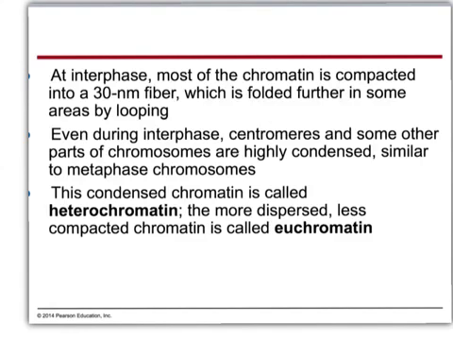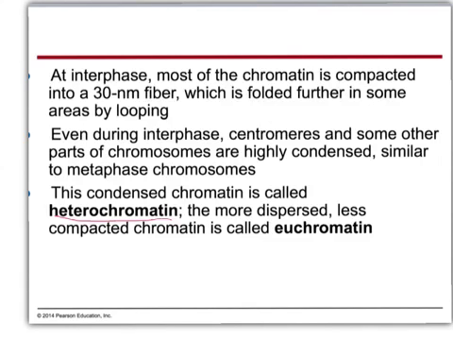The condensed form of chromatin is called heterochromatin. It's condensed into the 300 nanometer fiber, and the DNA sequences are very inaccessible to other things. They're wrapped around proteins and protected.